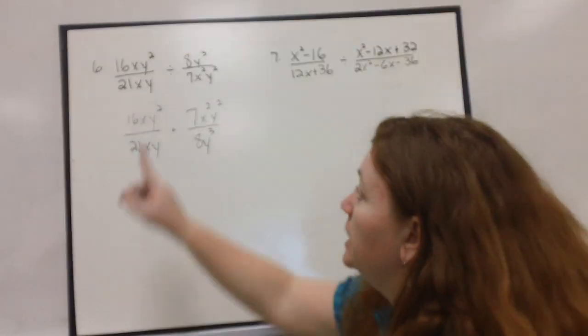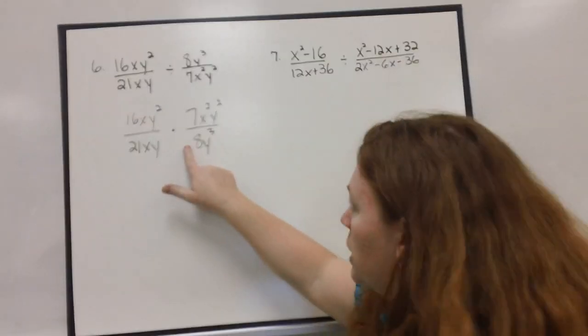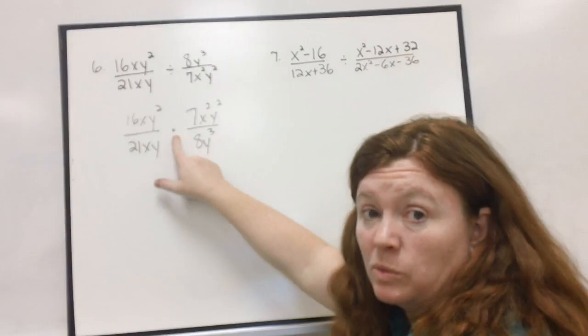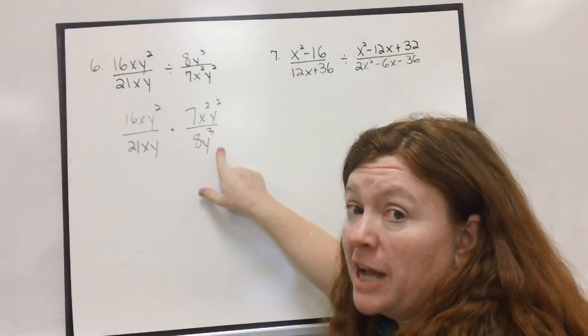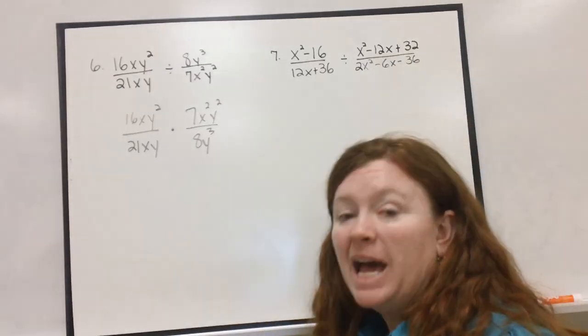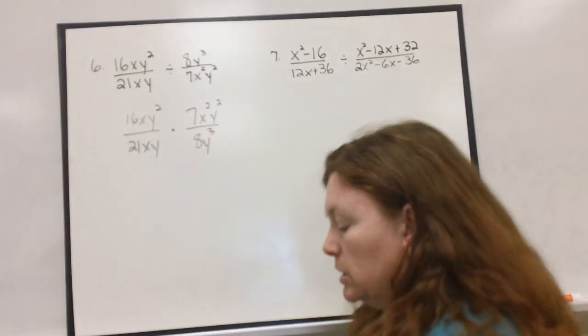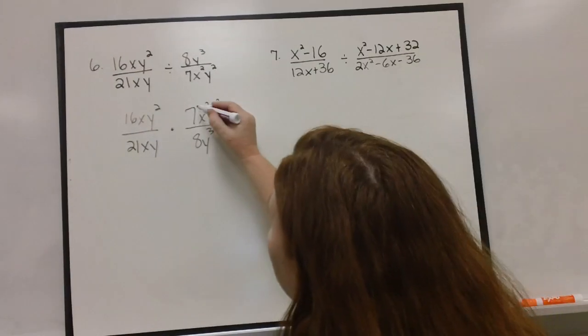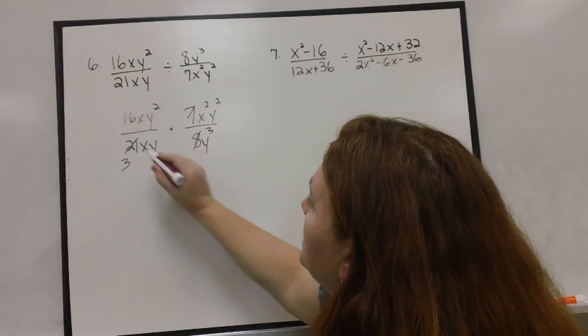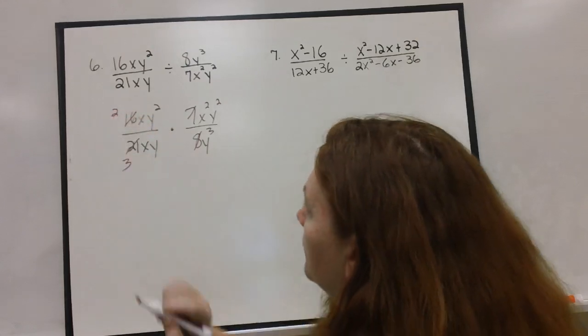So you might have learned keep it, change it, flip it. Keep this fraction as it is, change it to a times, and flip the second fraction. That's multiplying by the reciprocal. Now I can start canceling things out. 7 goes into 21 3 times. 8 goes into 16 2 times.